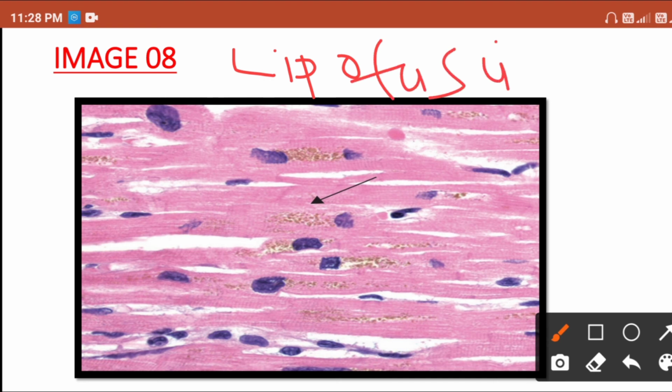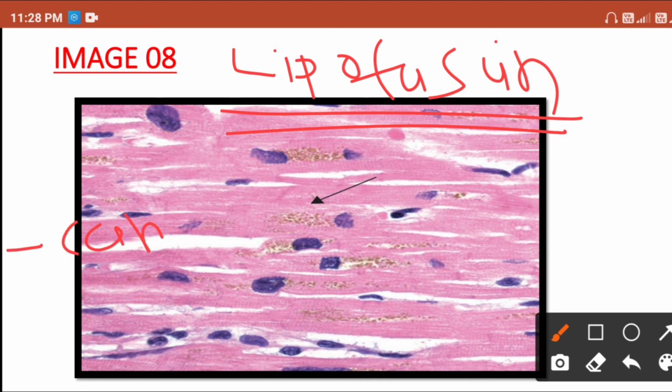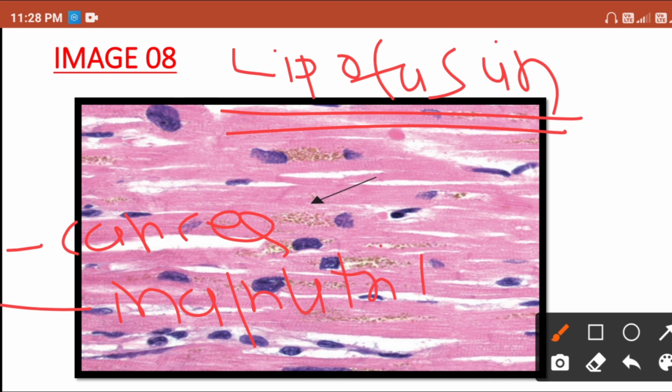And such lipofuscin pigment is seen because of old age. In an old age individual, such pigments can be seen in the myocardium. It can be seen in cancer patients as well, and sometimes because of less nutrition. In malnutrition also it can be seen. It's a wear and tear pigment, guys.